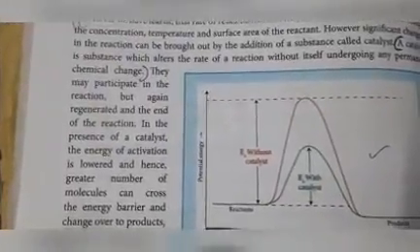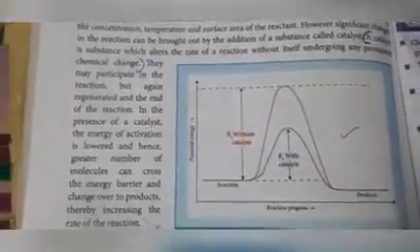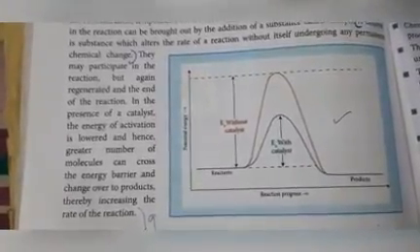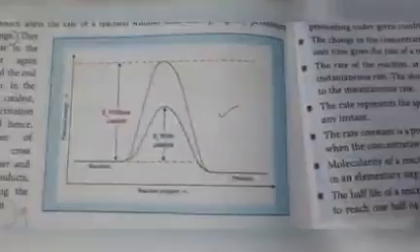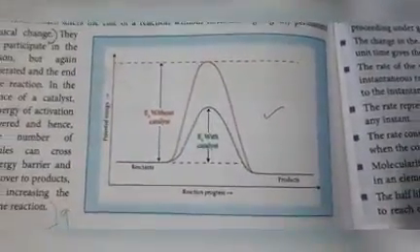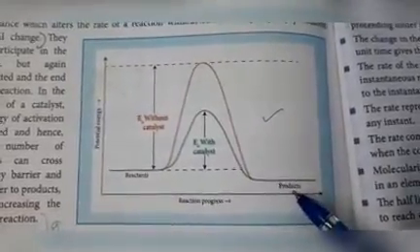In presence of a catalyst, the energy of activation is lower, hence a greater number of molecules can cross the energy barrier. For understanding this line, you have to know about this diagram. See this diagram, this is the reactant and this is the product.